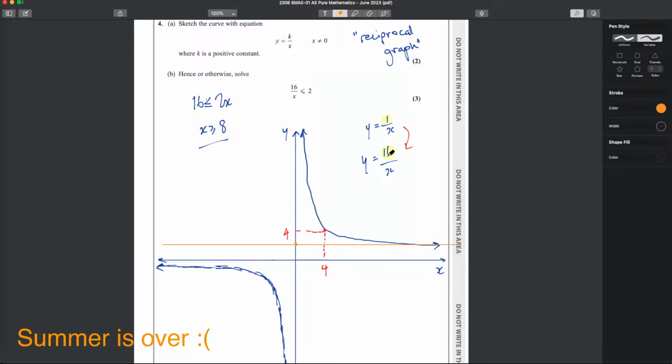So I guess, oh, the asymptotes. Well, this 16 on x still has an asymptote, right? Yeah, okay, so when y is 2, x is 8.